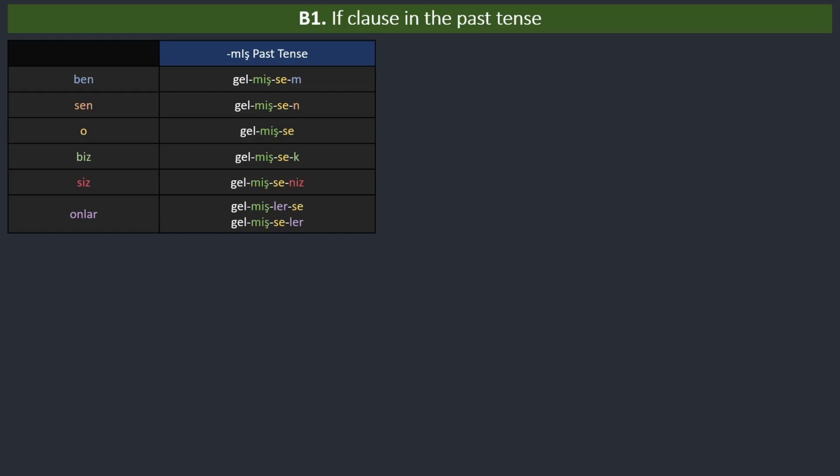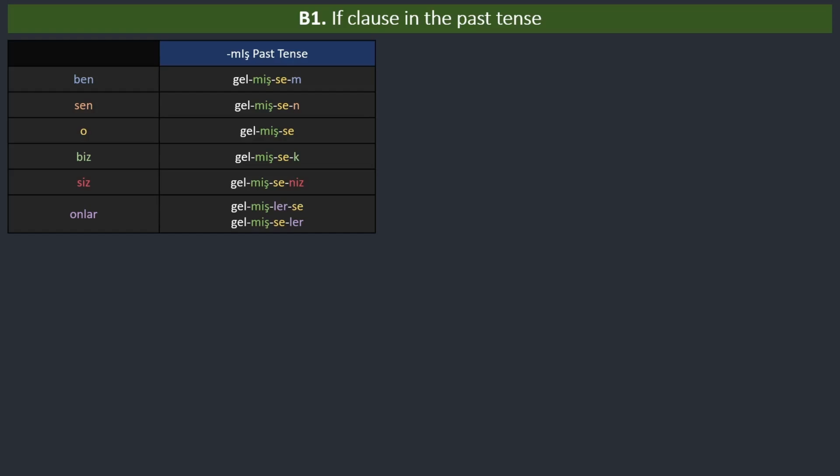Like you come home, you smell nice food, but you don't know yet. So then you make a conclusion based on the smell. Annem yemek yapmış. My mom, apparently, from what I can tell, made food.